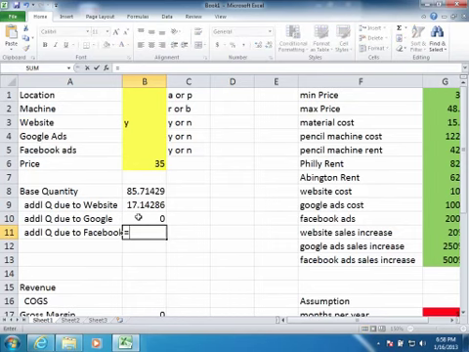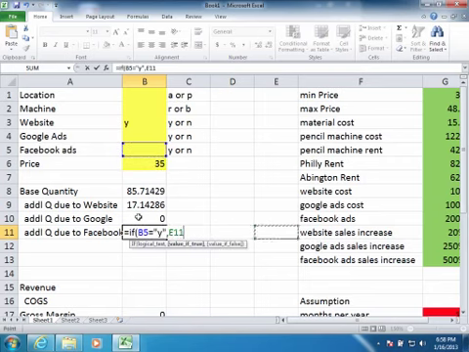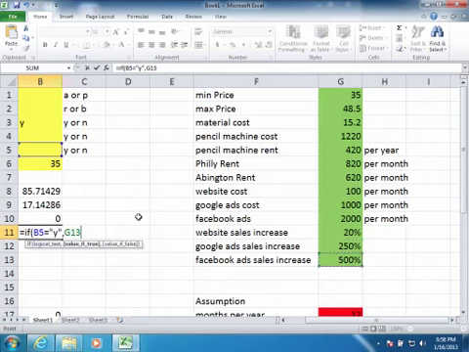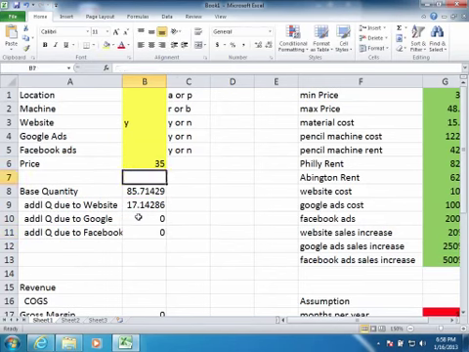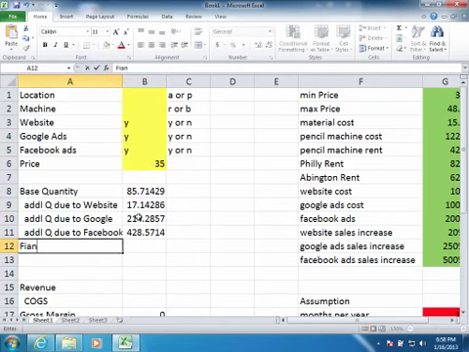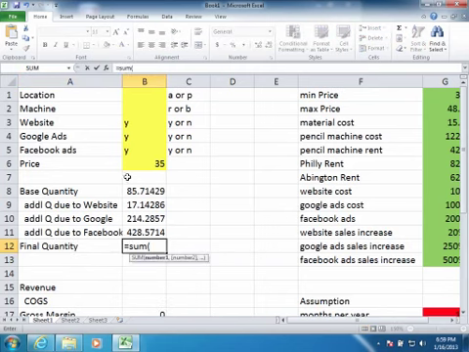And finally, this one is equal to if Facebook ads is yes, then it's the Facebook ads sales increase times the quantity, else it's 0. So if I put a Y here and a Y here, I get my numbers. And my final quantity is equal to the sum of all of those.